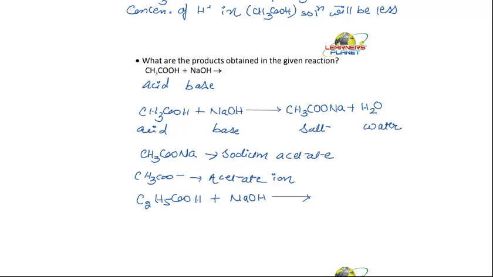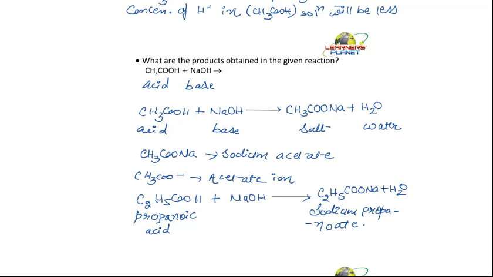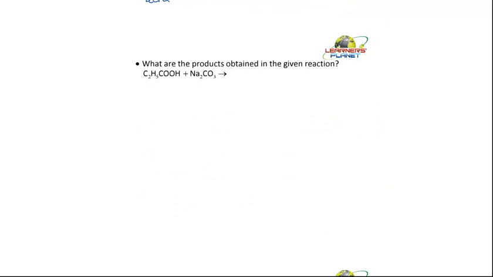Now here, what is this C2H5COOH? What will be its name, students? It has 3 carbon atoms, so it should be propanoic acid. Now if it's reacting with sodium hydroxide, again I'll get a salt, that is C2H5COONa plus H2O. That is what it is, sodium propanoate. Right? This is sodium propanoate. This is the way this reaction goes on.